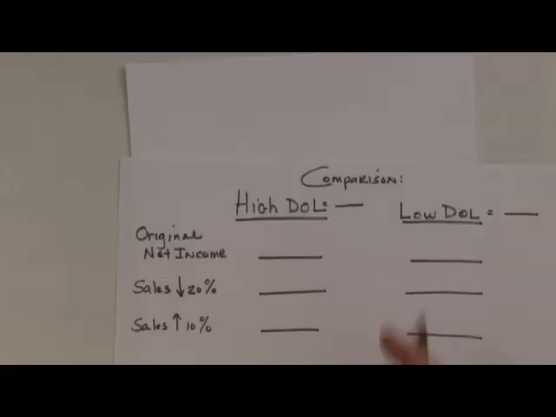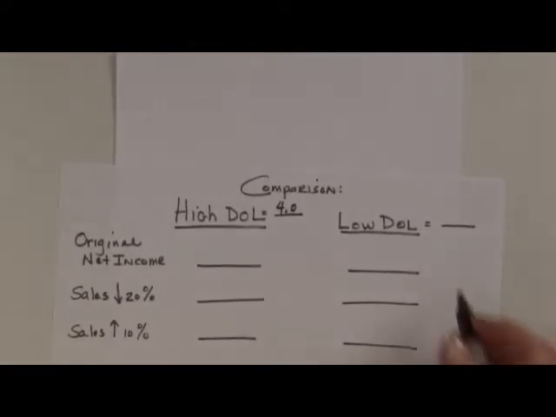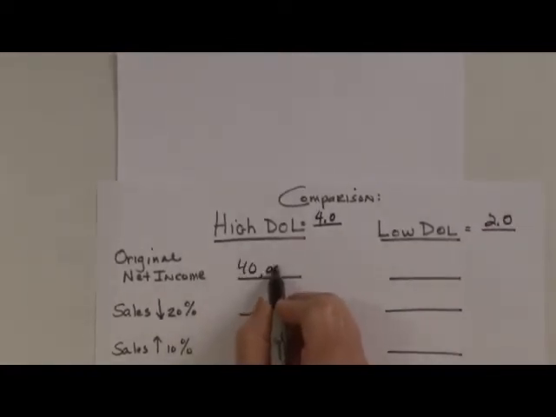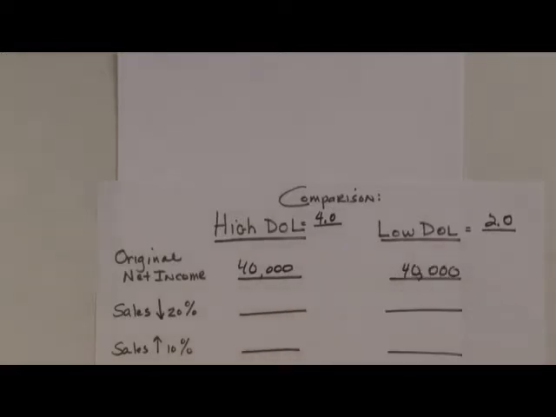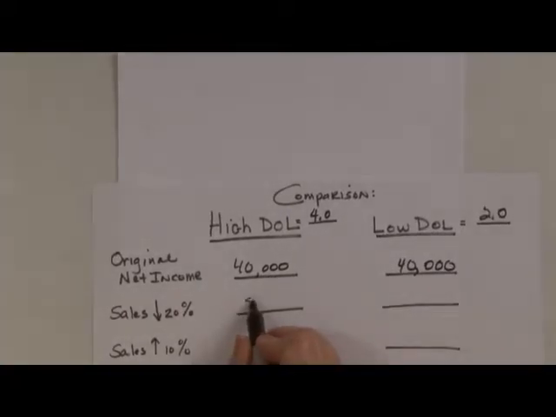The high DOL was 4 in the company we looked at, and the low DOL was 2. They each started with 40,000 in income. The high DOL company, when our sales plummeted by 20%, the predicted profit was $8,000. When sales went up, the predicted became 56.